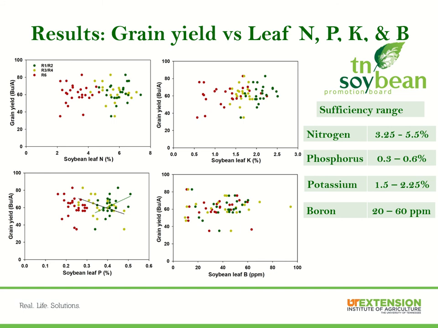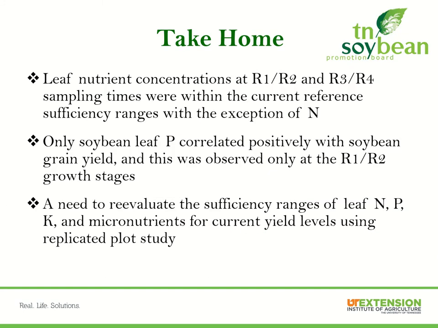The reason why I have this graph here is that when we tried to do a correlation between our grain yield and current leaf tissue concentration, we saw that there wasn't any correlation at all. So the take home is that the leaf nutrient concentrations at R1 and between R3 and R4 sampling times were within the current sufficiency ranges, with the exception of nitrogen, which was way higher than we expected.